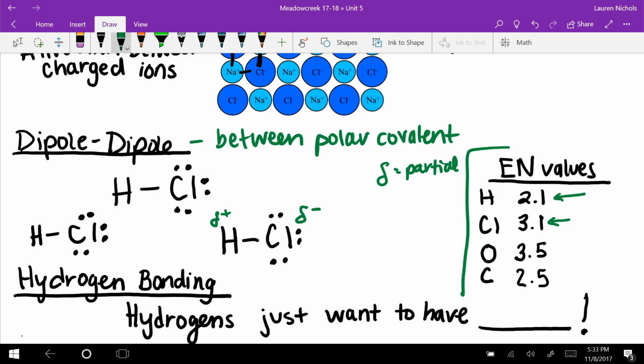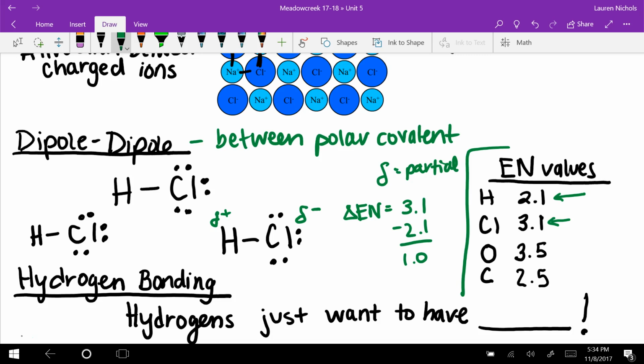It's not fully positive or fully negative like in an ionic compound, but because of the difference in their electronegativity values, we get 3.1 minus 2.1, which gives us 1.0, which lands us squarely in the polar covalent range. Remember, you need to have anywhere from 0.4 to 1.7 in order to be polar covalent.